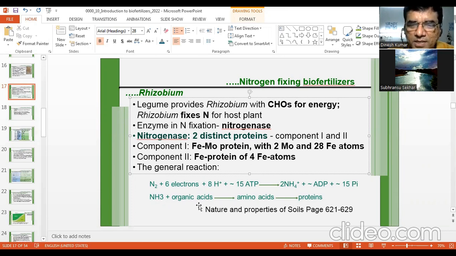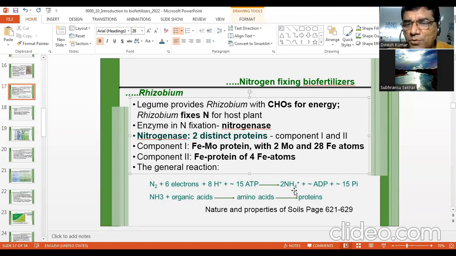General reaction, you can see this reaction is applicable to other organisms also. N2 plus 6 electrons. These 6 electrons will come from carbohydrate or organic matter supplied by the host. And the N2 is coming from the atmosphere. And then ATP is also coming from the host.